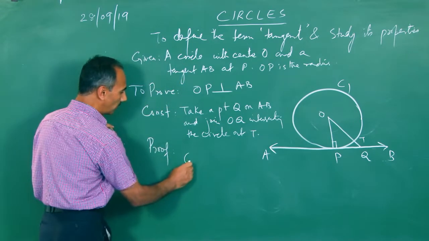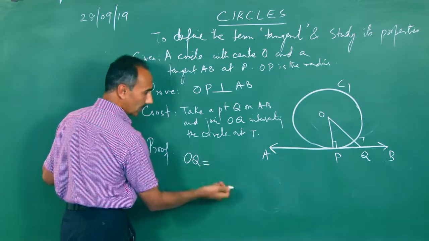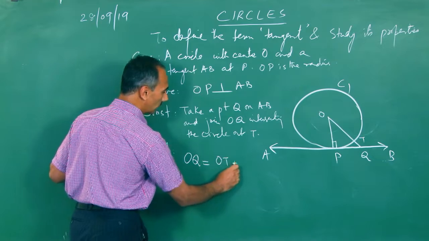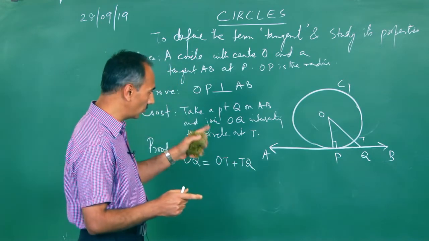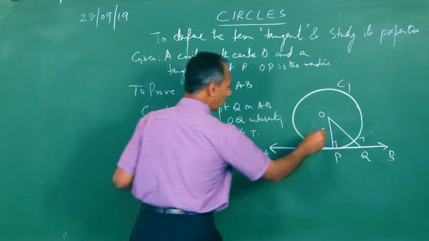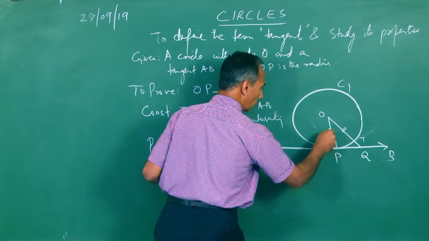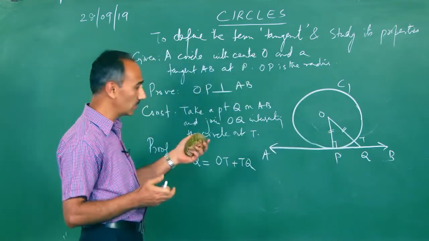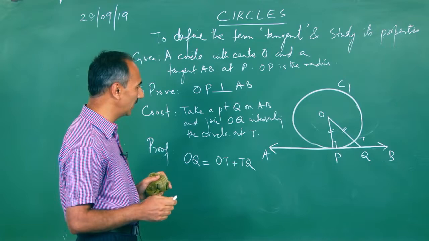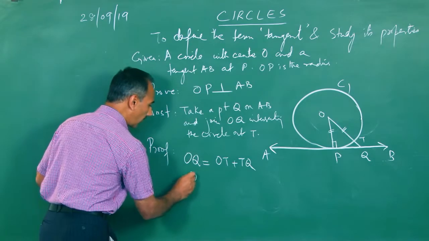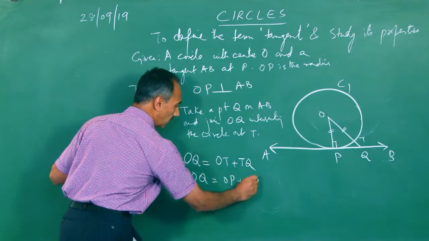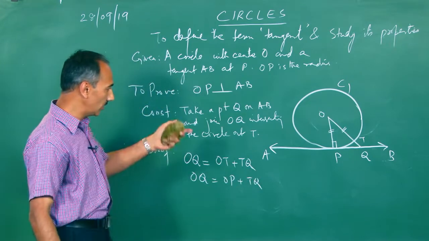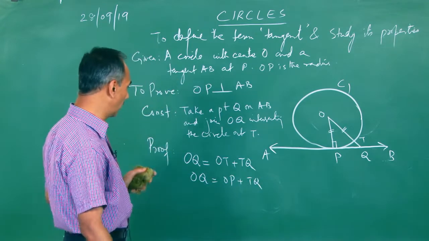See, if you observe, the OQ line segment is OT plus TQ. But OT is equal to OP. You could observe OT and OP are the radii, so I could replace OT by OP. Now let's see the relation between OP and OQ.